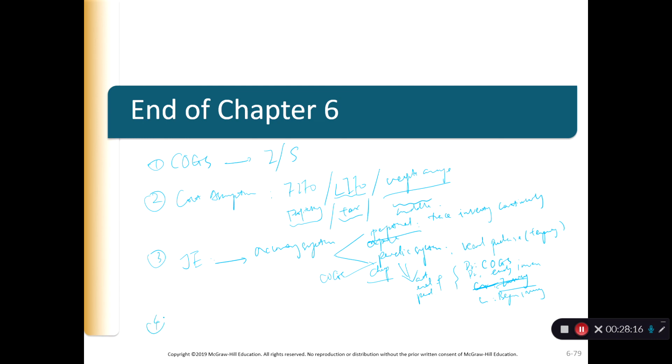And the fourth part is we talked about lower of cost or net realizable value, which essentially means the selling price. So when you find that your unsold or ending inventory has a unit cost higher than the price at which it can be sold, you have to write down your inventory account, because your inventory is not worth as much as you thought it was, right?